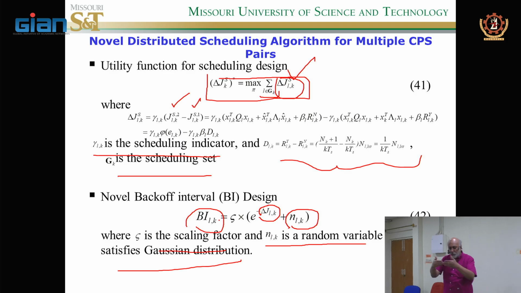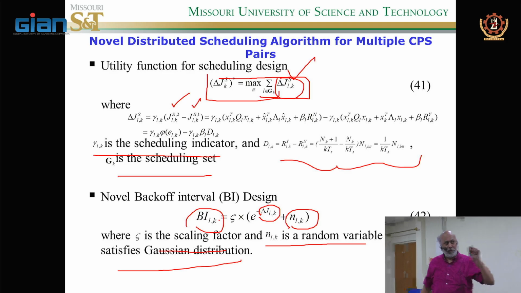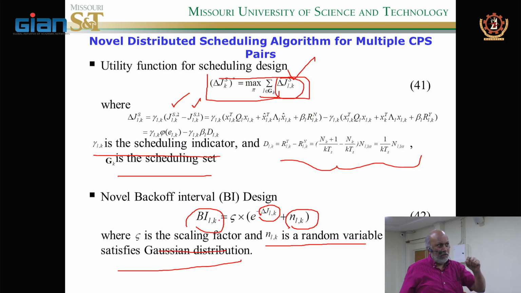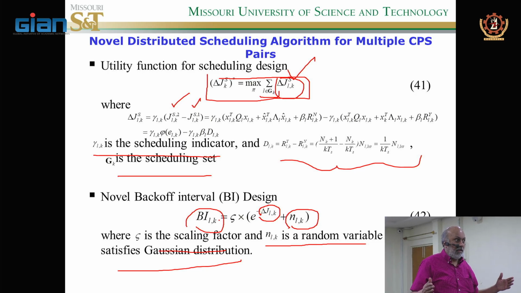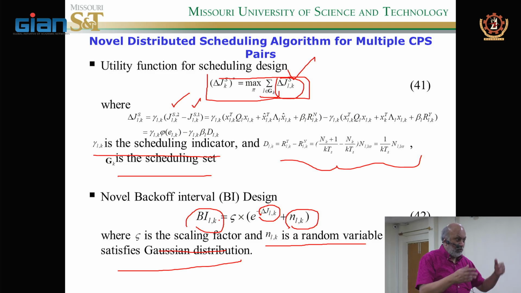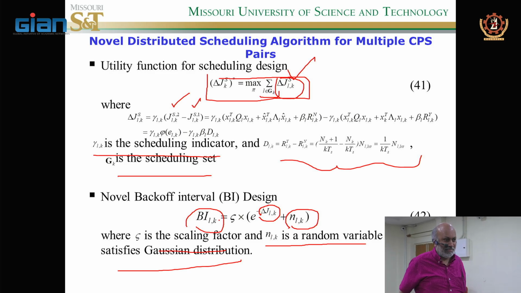But when there is a collision, that means someone else tries to sense the network, there will be a collision. Then both will back off, but the one that backs off the smallest is the one that's going to transmit, because you want to reduce the amount of delay. You understand that? So the delay is proportional to the back-off interval.